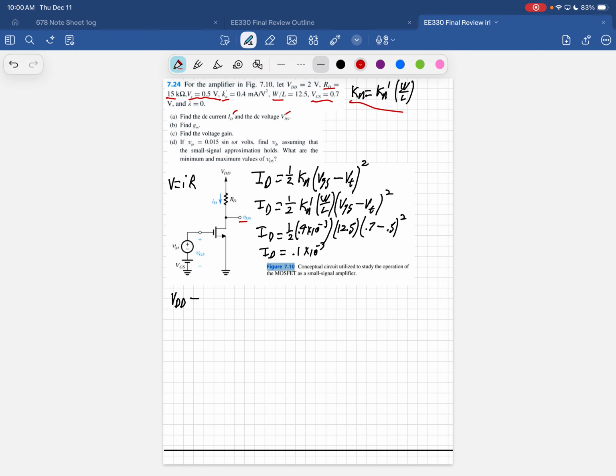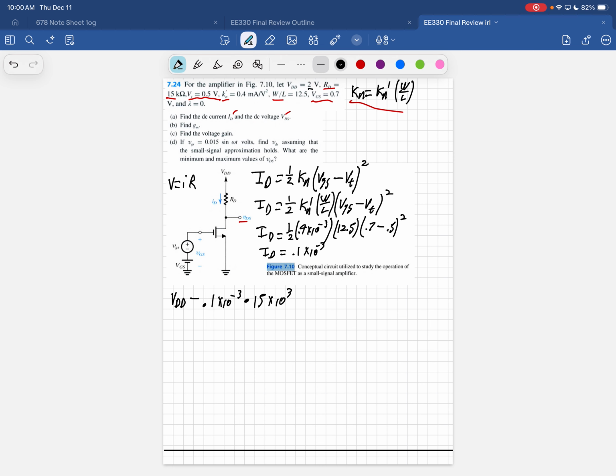So if we take our 0.1 times 10 to the power of negative 3, and we multiply that by 15 times 10 to the power of 3 for kilo, we get 1.5 volts. Yep, 1.5 volts. And subtract that from 2 volts, 0.5 volts.